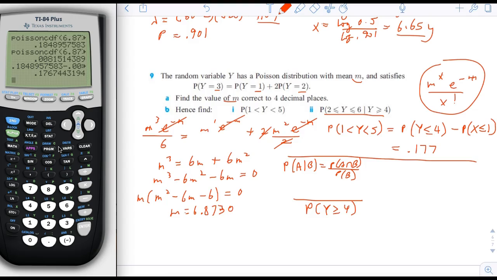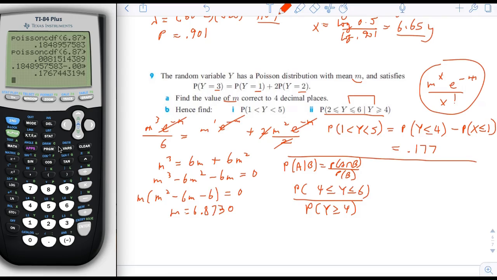Okay. On the top, we need to intersect these two. So the probability that y is between 2 and 6 and the probability that y is greater than or equal to 4 means the probability that y is between 4 and 6.